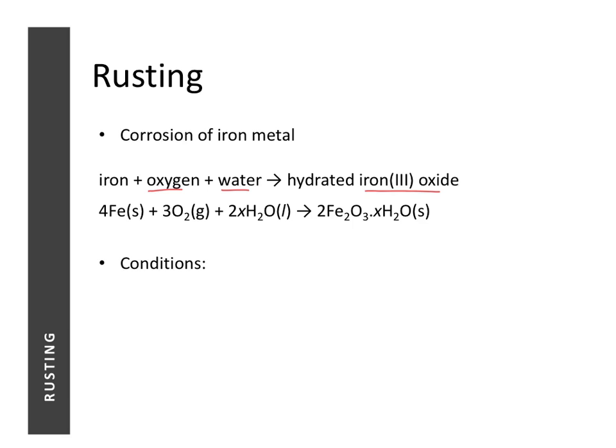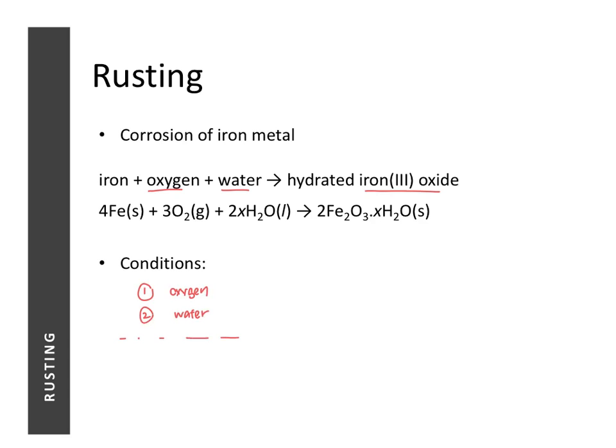with water of crystallization. Now from the equation shown, I hope you can see that there are two things that are necessary for rusting to occur, or there are two ingredients for rusting to occur. The first of which is the presence of oxygen, and secondly is the presence of water.